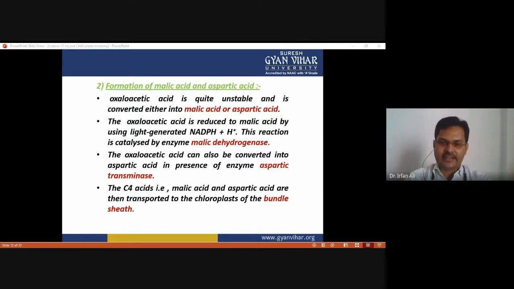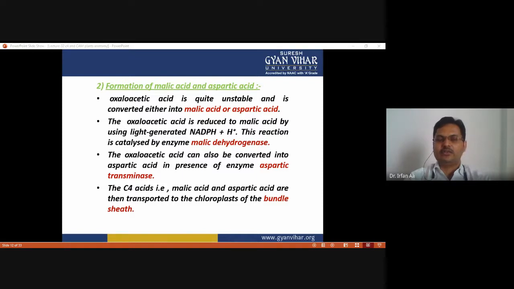Why light generated? Because this NADPH plus H+ is formed in the presence of light, during photophosphorylation. This reaction is catalyzed by the enzyme malic dehydrogenase, MDH.